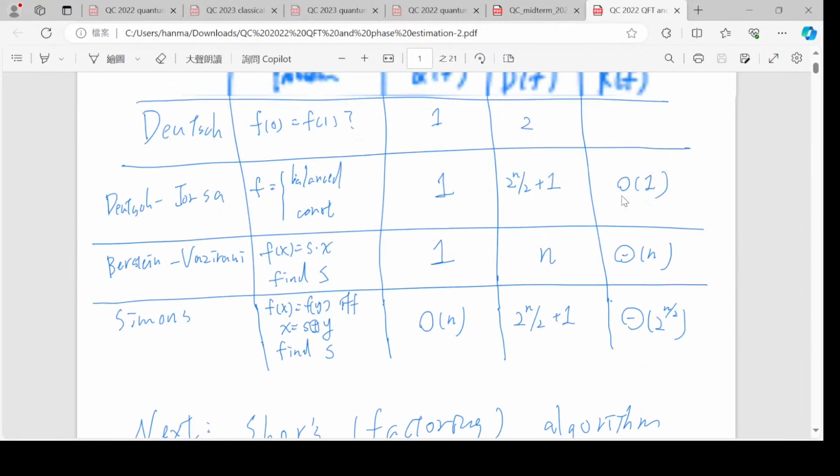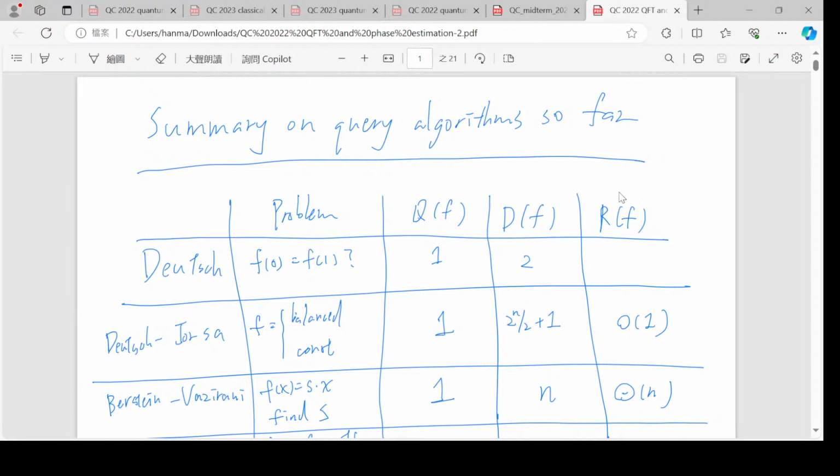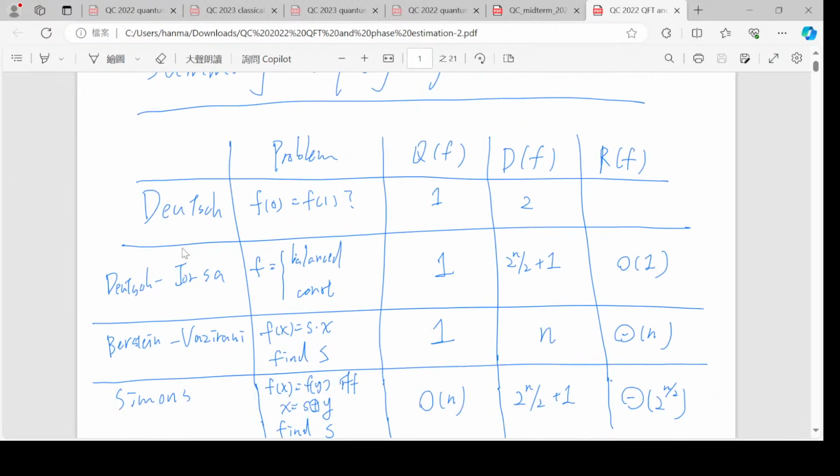So actual teaching, let's go back to quantum algorithms. We talked about a lot of quantum algorithms. They are all query algorithms. We see Deutsch's algorithm says you can solve with one quantum query, but need two classical queries.